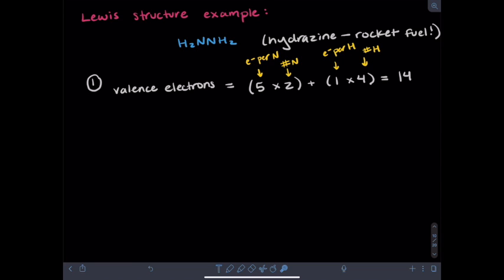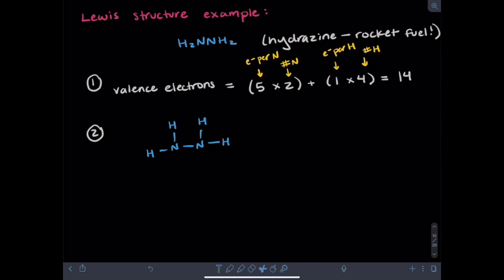So I'll have 10 valence electrons coming from my 2 nitrogens. Each hydrogen contributes 1 valence electron, and I have 4 hydrogens in my molecule. That gives me another 4 valence electrons. Overall, my hydrazine molecule has 14 valence electrons.